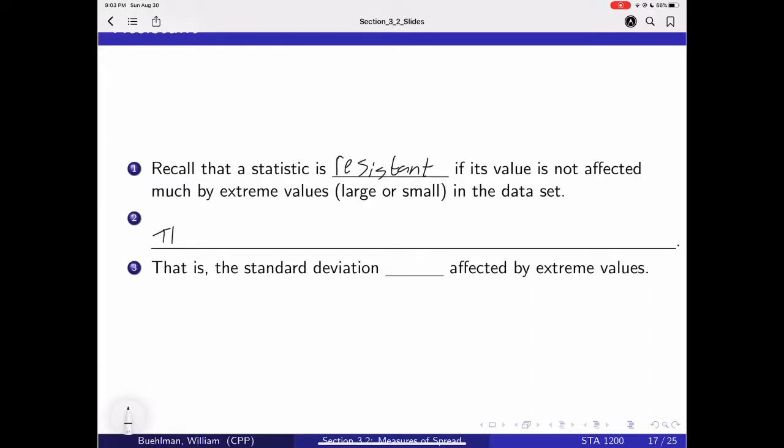The standard deviation is not resistant. That is, the standard deviation is affected by extreme values. So you need to remember that the standard deviation is not resistant and can be affected by extreme values.